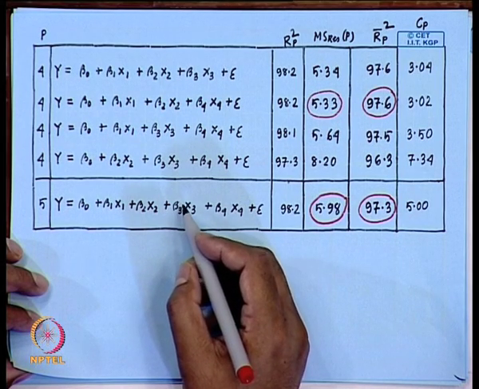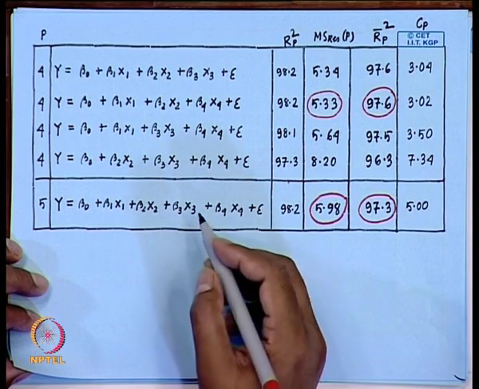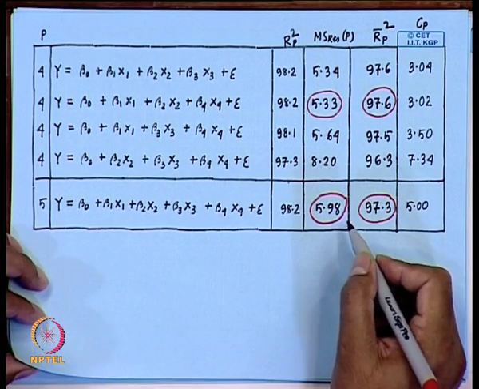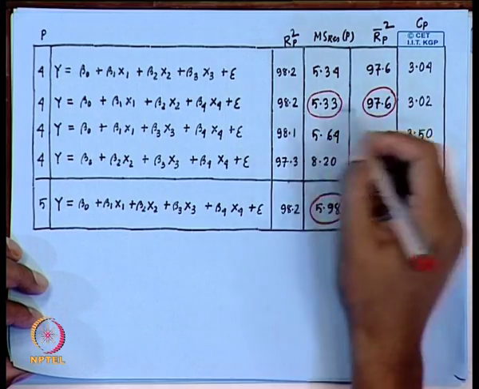So, I said that a smaller value of Cp indicates a better fit, and also it should be close to p.